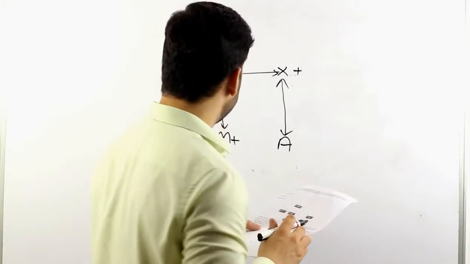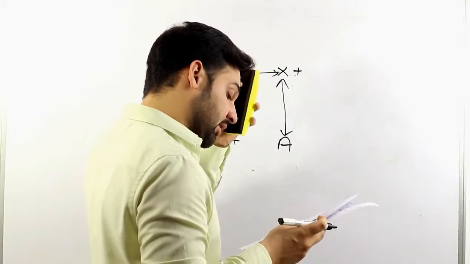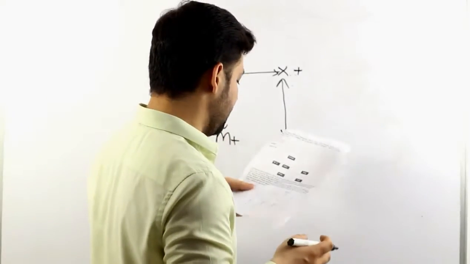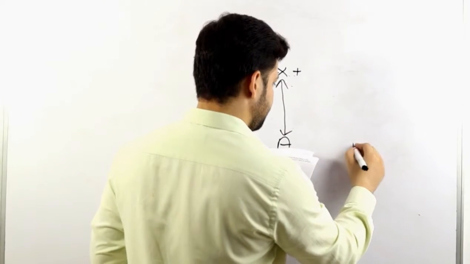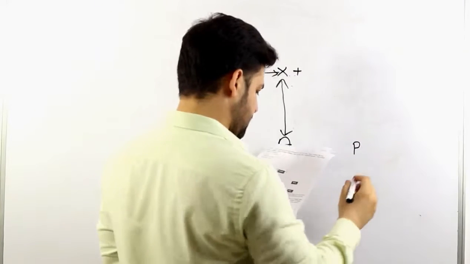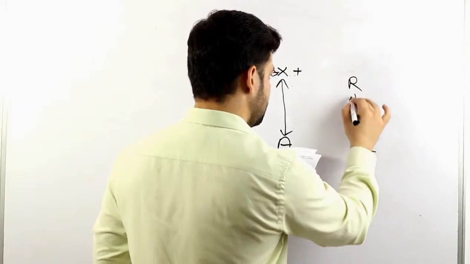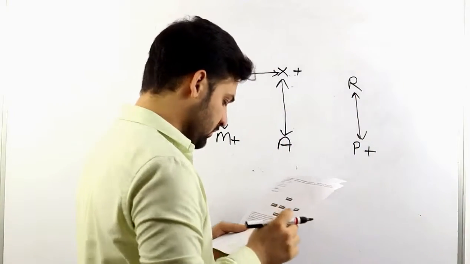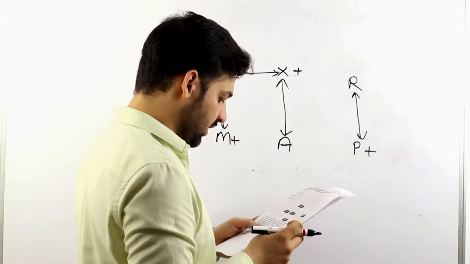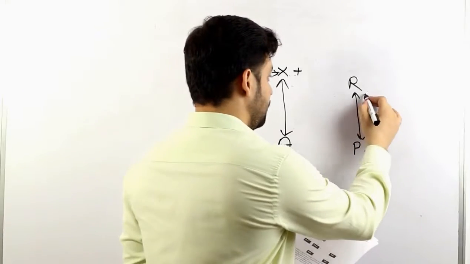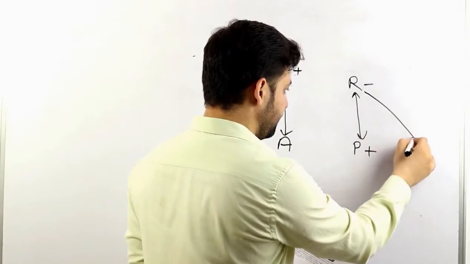Prakash is the son of Reva. This statement is not related to this graph, so we are making another graph. Prakash is the son of Reva. Reva is a woman, she is a mother.